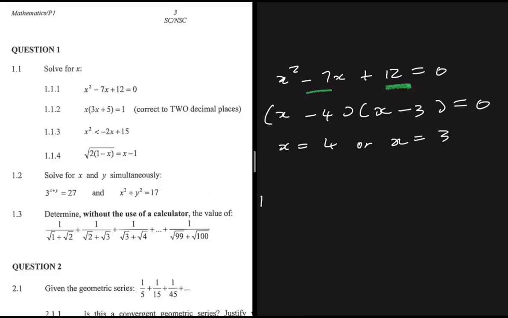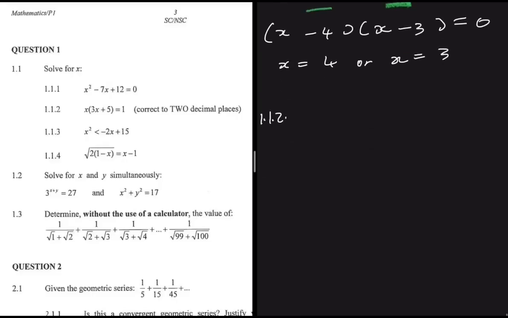And then the following question, 1.1.2, we have x multiplied by (3x plus 5) being equal to 1. We're supposed to solve for x correct to 2 decimal places. As soon as you see 2 decimal places, you should know that you're supposed to use the quadratic formula, right?